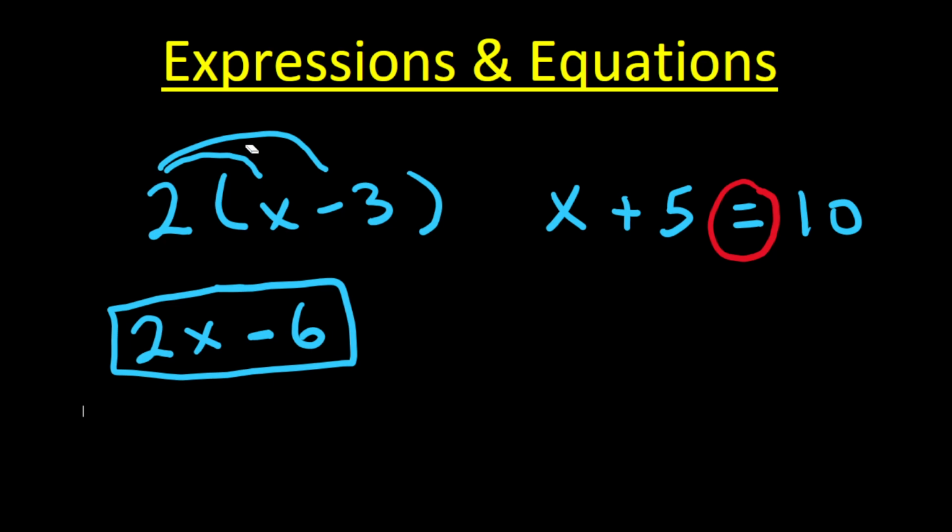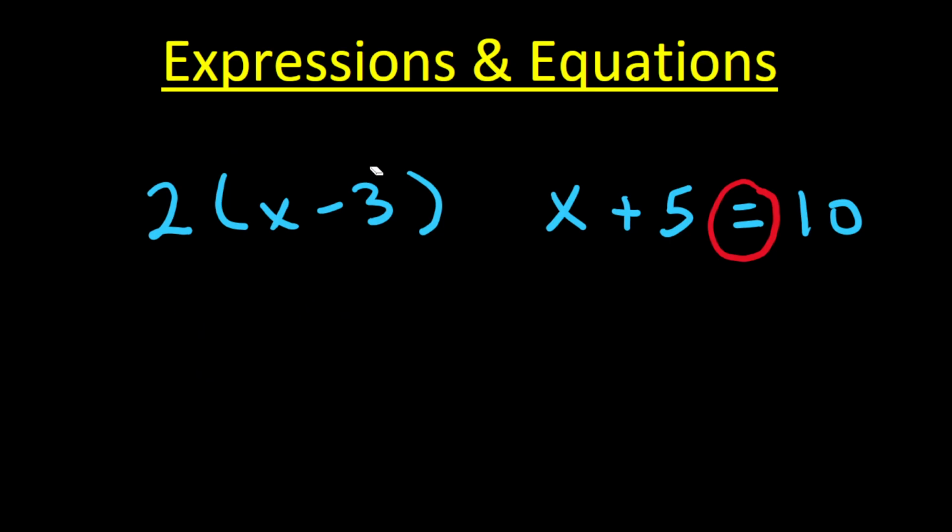Now, how do we evaluate this expression? Well, in order to evaluate an expression, we need to know what x would be. So the problem would go: evaluate 2 times (x minus 3) when x equals 5.